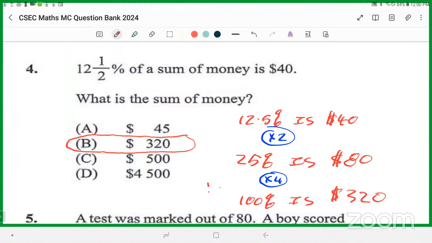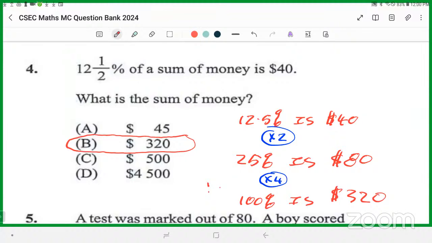So you have to do mathematics one way where you can't use a calculator in the multiple choice. So 12.5% is 40. You want to know what the whole number is? You build up that 12.5% until you reach 100. Build it up step by step. But you can't use a calculator. You don't have to be manipulating these numbers. I work with 12.5% and all these things. The 12.5 is half of 25%.